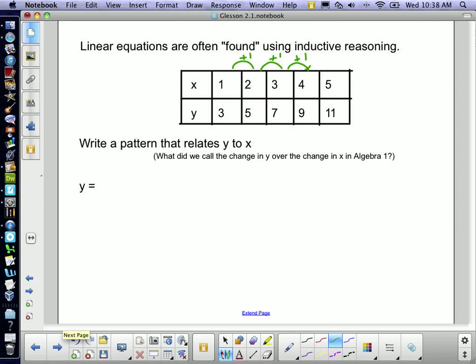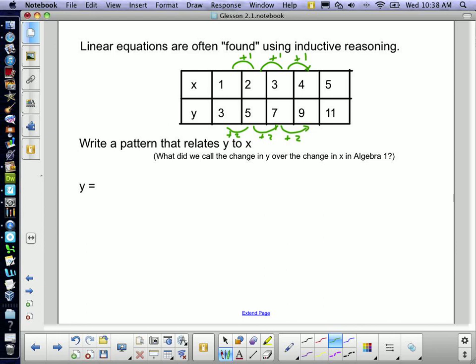Someone else, how about the y values? These are going up by 2. And remember in algebra when we talked about rate of change, it was always change in y over change in x. What did we call that? What's the word we use for change in y over change in x?